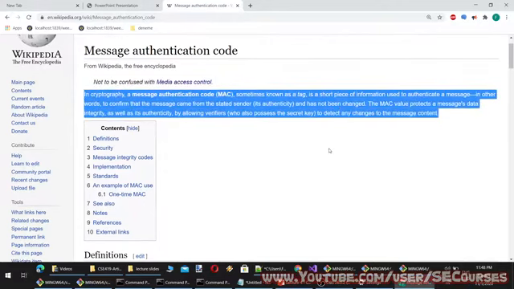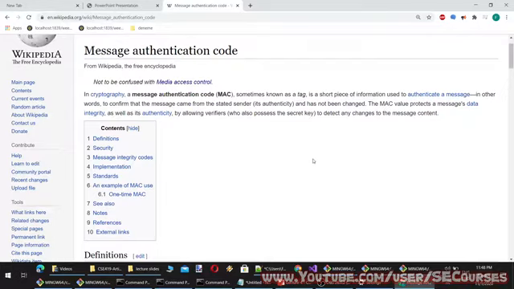Let's start. In cryptography, a message authentication code, MAC, sometimes known as a tag, is a short piece of information used to authenticate a message, in other words, to confirm that the message came from the stated sender, its authenticity, and has not been changed. The MAC value protects a message's data integrity, as well as its authenticity, by allowing verifiers, who also possess the secret key, to detect any changes to the message content.